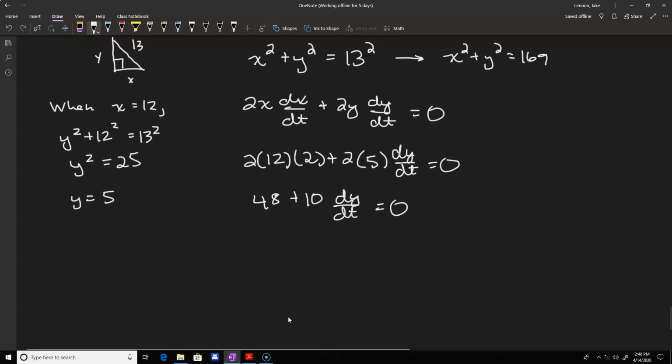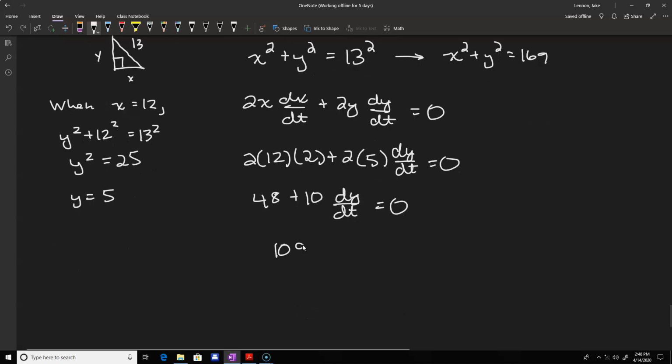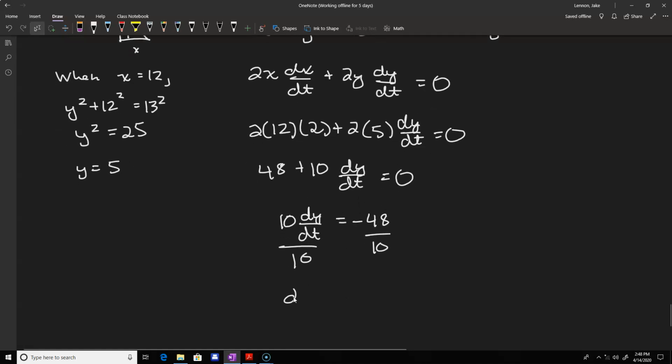We subtract 48 and we get 10 dy/dt equals negative 48. Then we divide both sides by 10. So dy/dt is minus 4.8 feet per second.